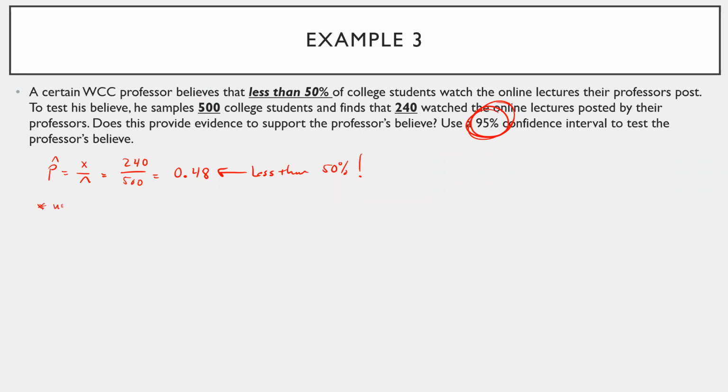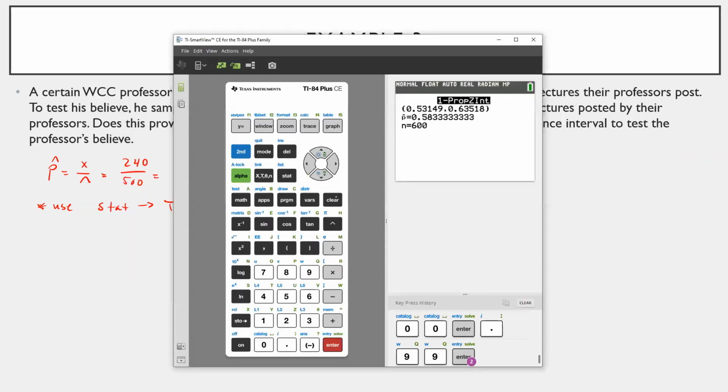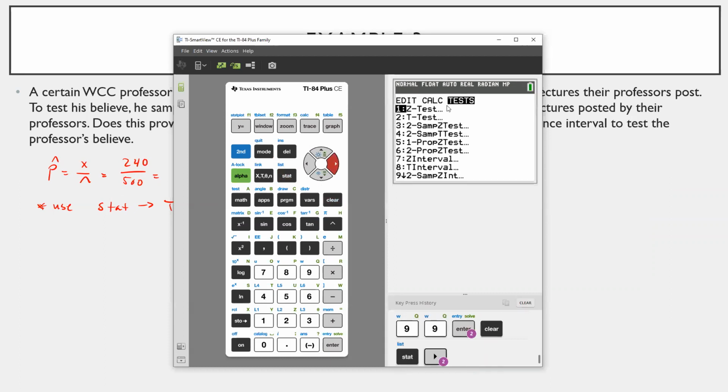Okay, so we're going to use this option in the calculator. Stat, tests, 1-prop z int. Okay, let's just plug in the professor's data and see what happens, okay? So click stat, go over to tests, go down to 1-prop z int.